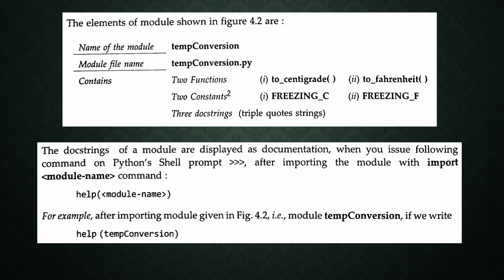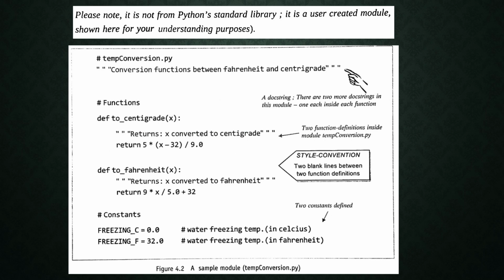There are 3 docstrings, that means triple-quoted strings. The first specifies the module, the second indicates the first function, and the third indicates the second function. See, 3 docstrings: 1, 2 and 3.